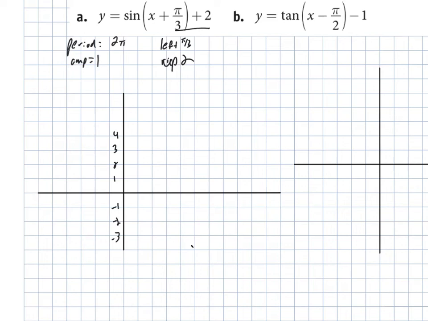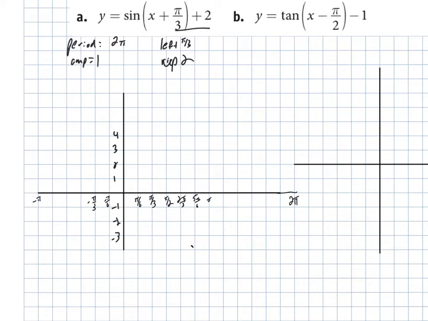So 1, 2, 3, 4, 5, 6. So this will be -pi over 6, -pi over 3. And then going forward, pi over 6, pi over 3, pi over 2, 2 pi over 3, 5 pi over 6, pi, and I'll keep going, 1, 2, 3, 4, 5, 6, that would be 2 pi.